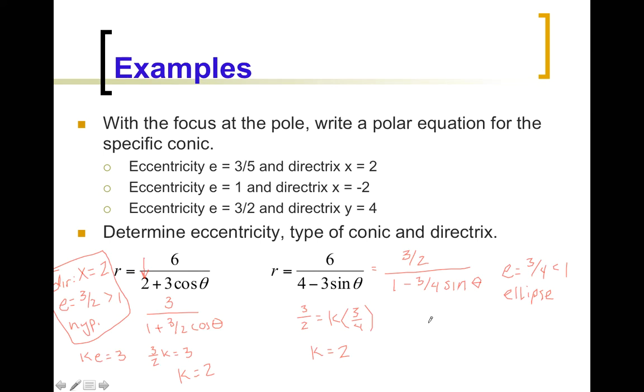And in which way is it going? So this is a minus sign. So this is an open up. So my directrix is y equals the opposite of K. All right, so those are our easy problems, quote unquote easy problems.